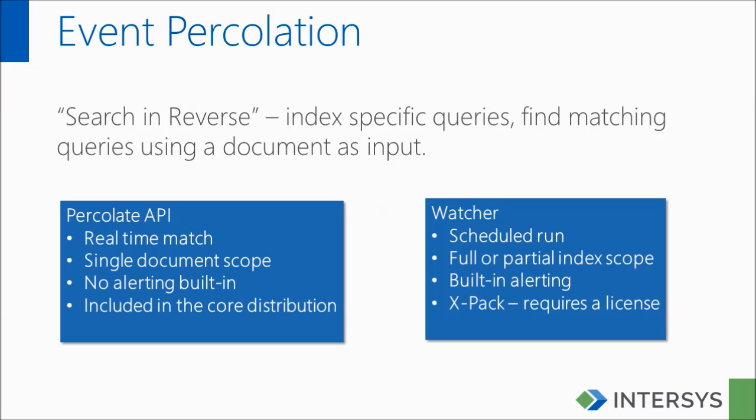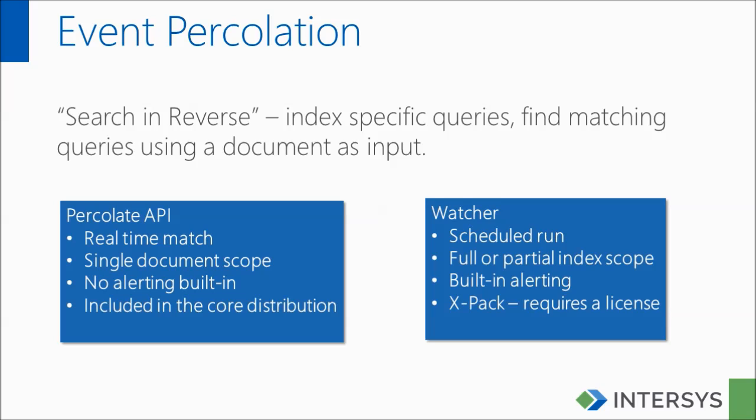And then there's the Watcher product that's part of their X-Pack, which is part of the licensed product that Elastic sells. And so if you have a license for X-Pack, you can use Watcher to set up these scheduled runs. And even so, it's not real time, but you can have it run periodically. What you get out of it is the ability to take into consideration the entire corpus of documents that you've already indexed with this document that you're percolating.